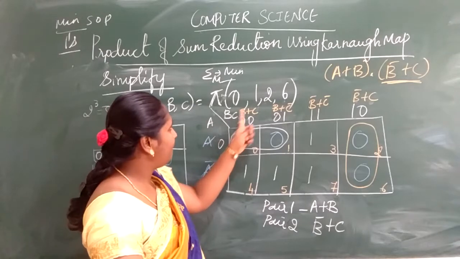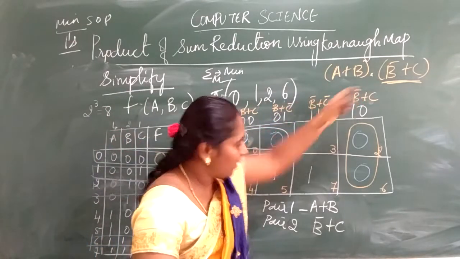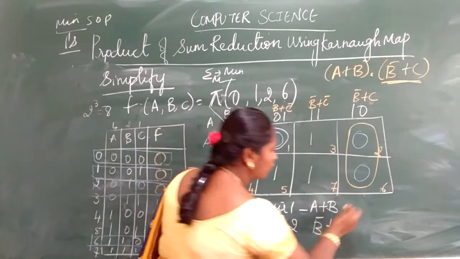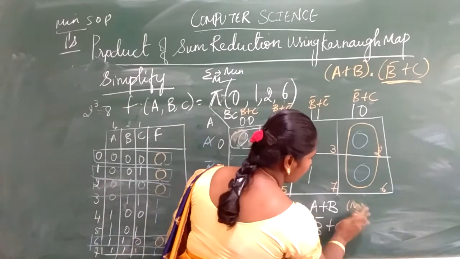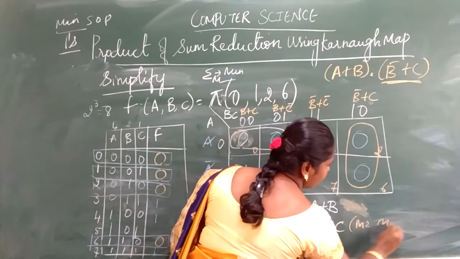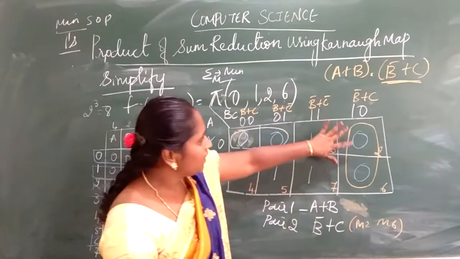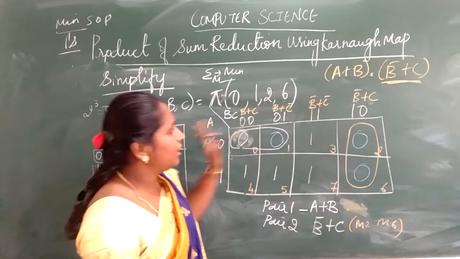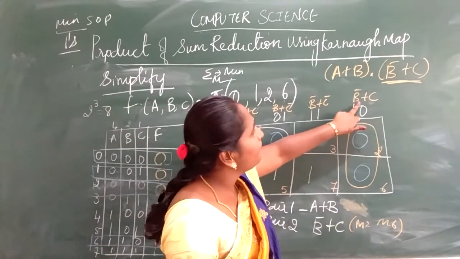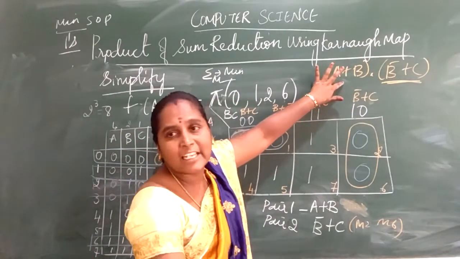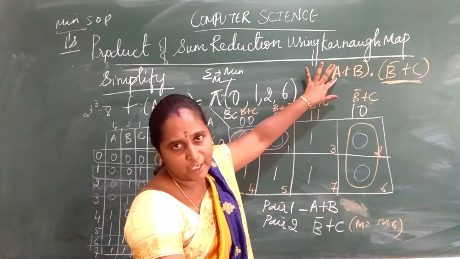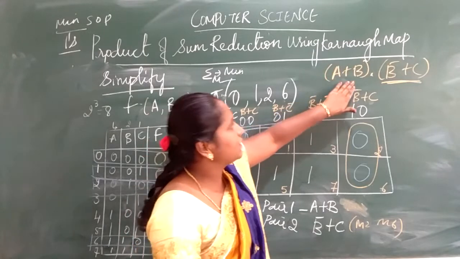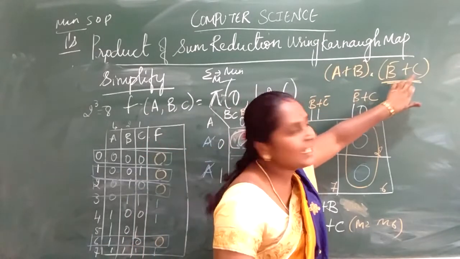My value is A plus B. For pair 2, that is M2 and M6, the vertical A bar gets cancelled. The remaining expression horizontally is B bar plus C. When you apply an AND operation or a dot symbol across the sum terms, it is A plus B into B bar plus C.